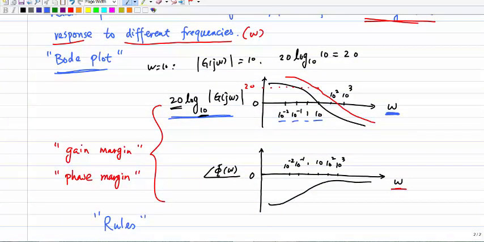Okay, so the rules you can check online. We don't cover this in this part of the lecture, but later I'll create a video to talk about the rules and how we can plot the magnitude and the phase. But this won't be included as part of this course in the spring semester.